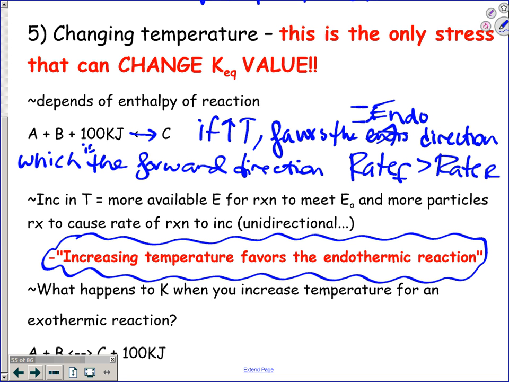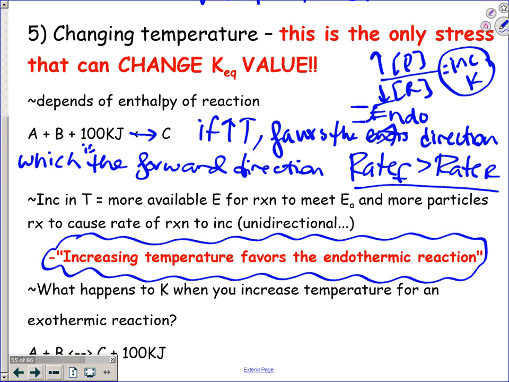You're making the forward reaction occur at a much faster rate than the reverse. So we permanently push it so there's always more products than reactants. If we push it to be this, there's going to be more products than reactants. What does that do to K? It increases K.